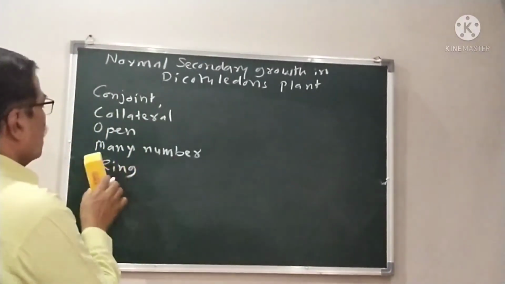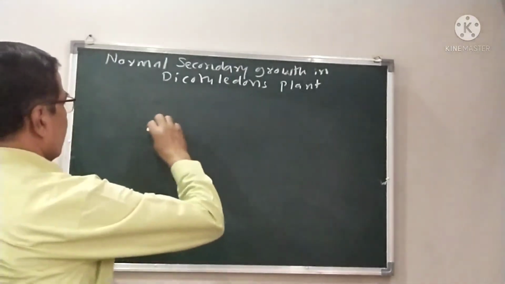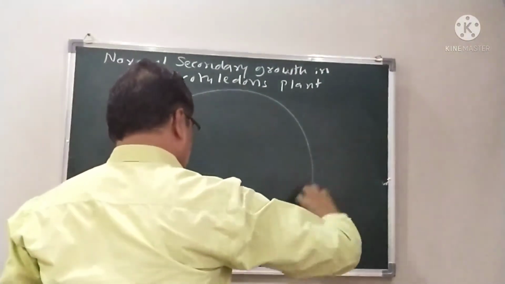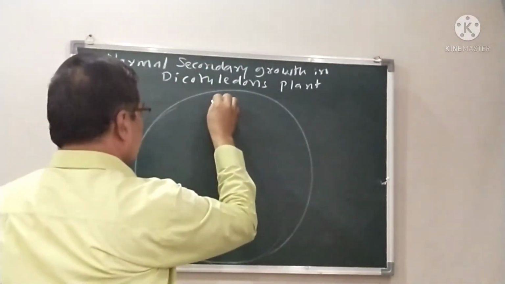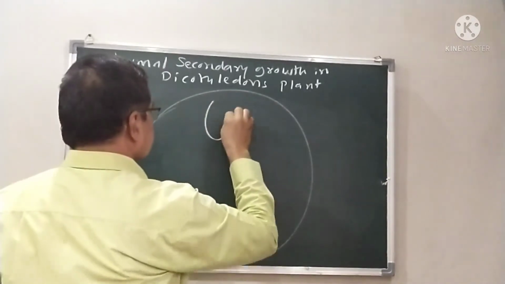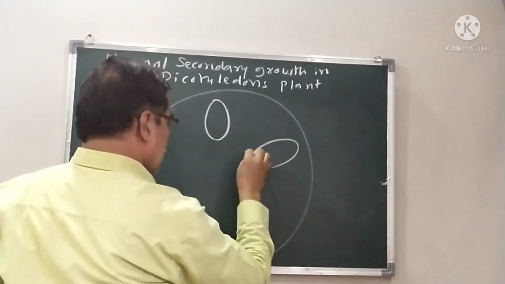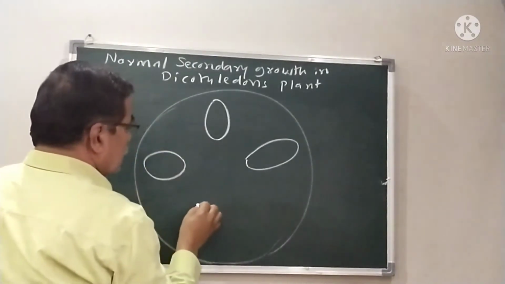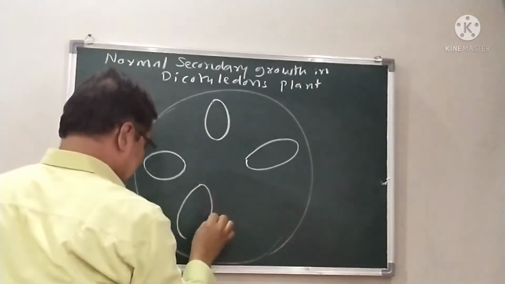Here, we are going to see one by one. The full diagram I am going to draw here. Vascular bundles are many in number, but if I draw many vascular bundles, the diagram will not be clear.